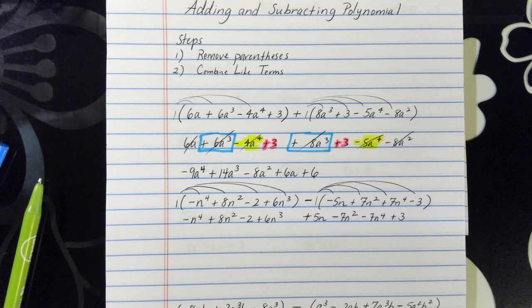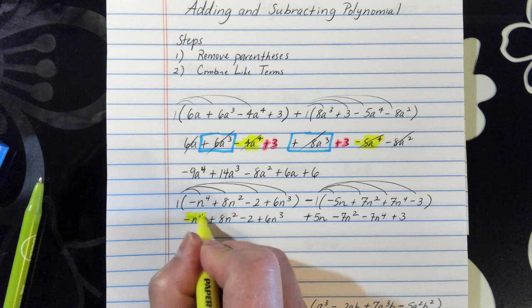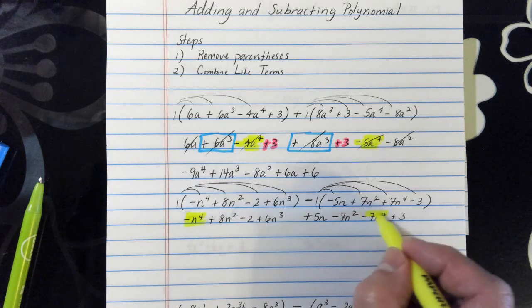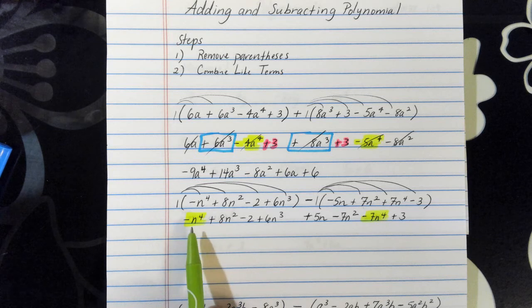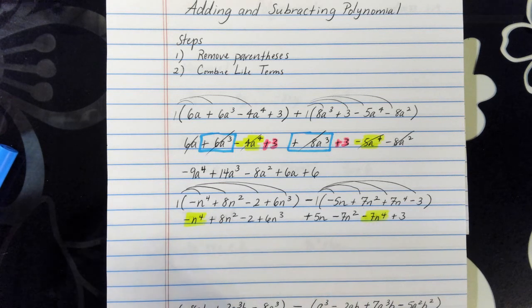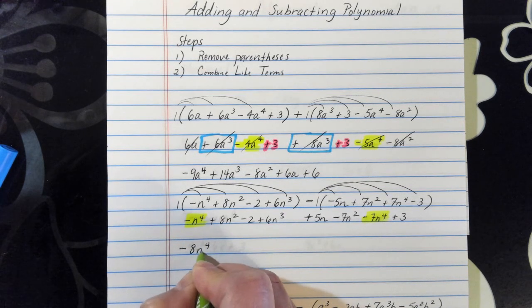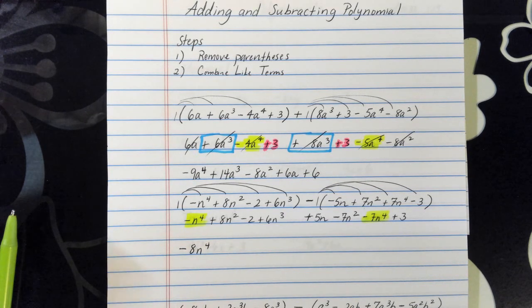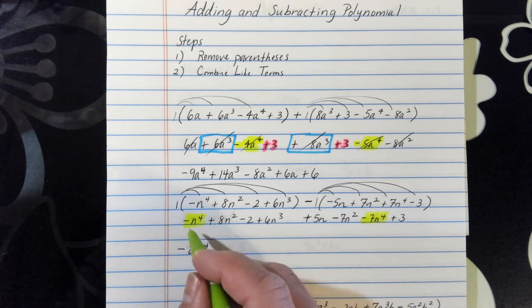Again, start with the highest exponent first. You've got an n to the fourth, and another n to the fourth there: a negative 1n to the fourth and a negative 7n to the fourth. When you combine them, you get negative 8n to the fourth. Let me cross it off as I go.